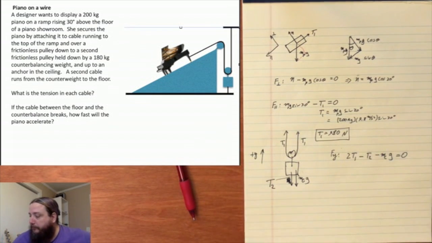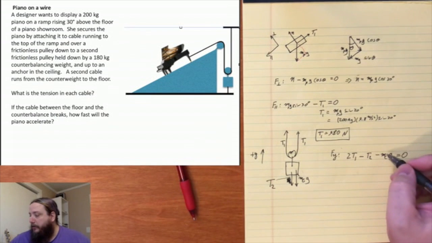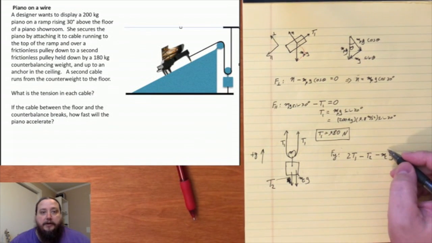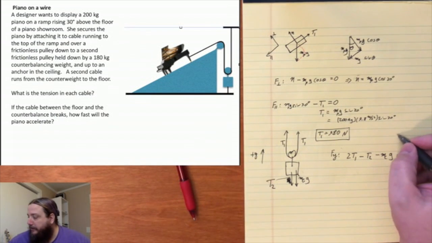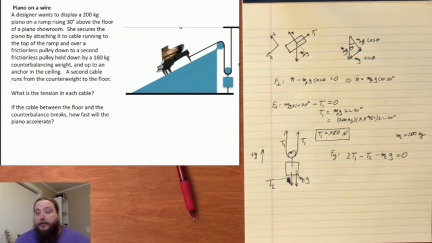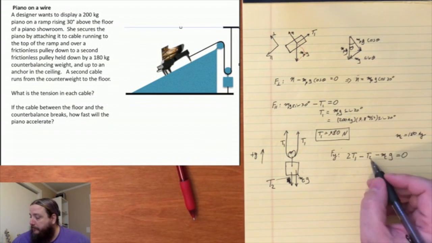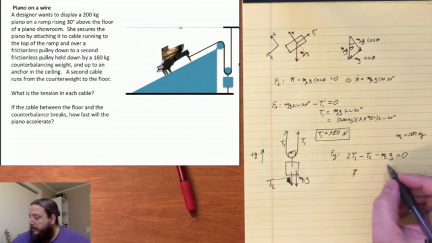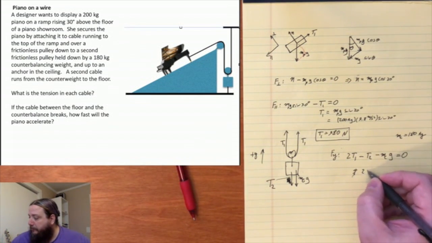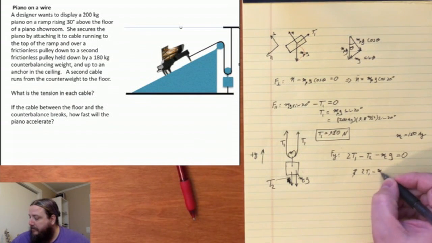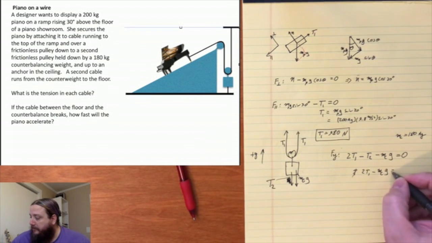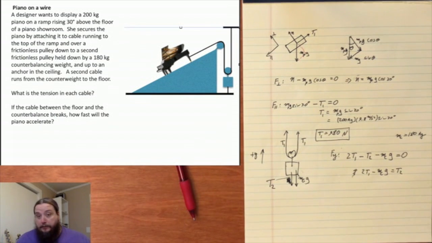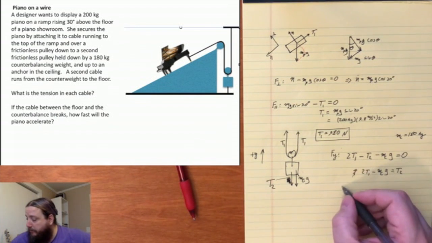We already solved for T1. We know the mass of the counterweight here is 180 kilograms. So the only thing we don't know here is tension 2, so we can solve for tension 2. Bringing it over to the right, 2T1 minus the mass of the counterweight times gravity equals T2. And now we can just plug in some numbers.